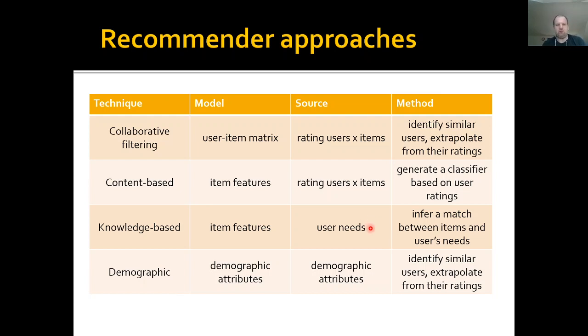So it depends what's available. And again, the item features are used for recommendation based on the knowledge-based model. So there is an inference of a match between items and the user's needs. We have the knowledge base here and the features here, and we do some match.